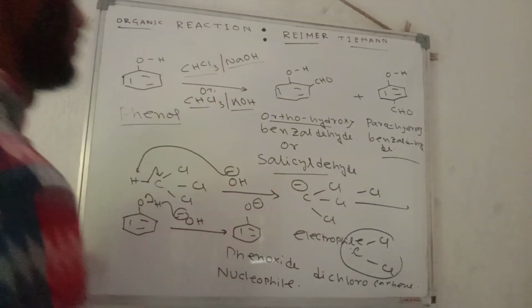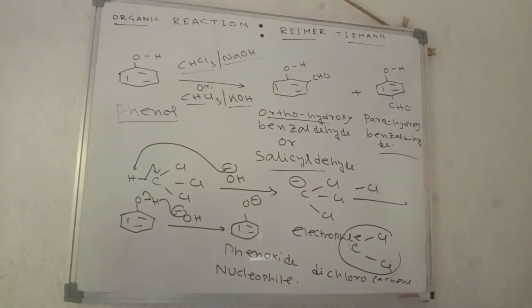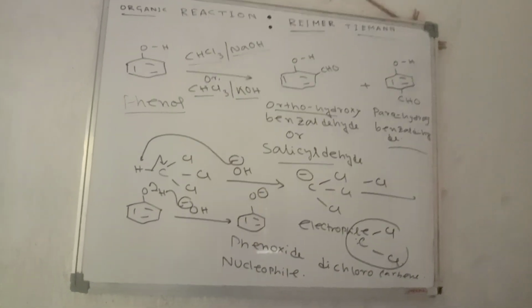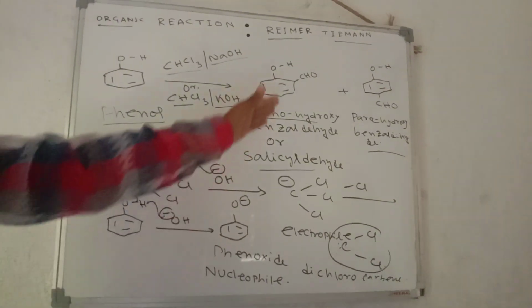Now, we know that any electron donating group is ortho-para directing, and hence we get the ortho and para products, that is ortho-hydroxybenzaldehyde and para-hydroxybenzaldehyde.